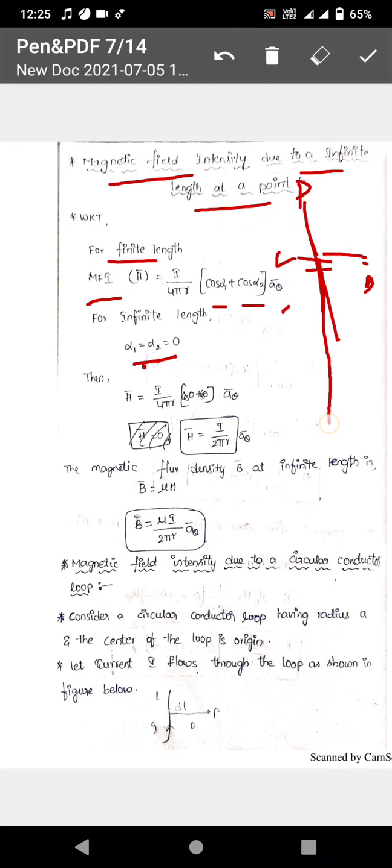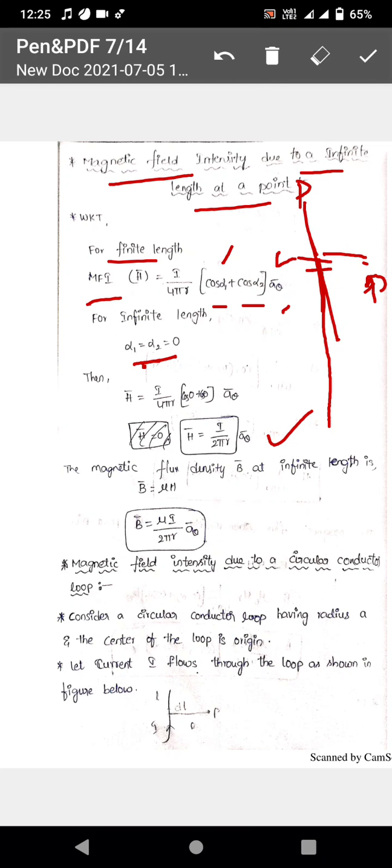If the conductor's length is unknown, it is infinite, so the point P and conductor may be in parallel and the angle may be 0. Substituting 0 for alpha 1 and alpha 2, we get I by 4 pi r, cos 0 plus cos 0, which is 1 plus 1, hence H is I by 2 pi r a theta.